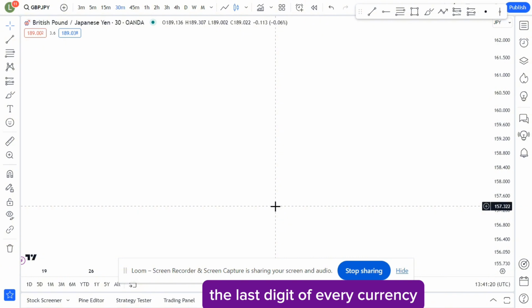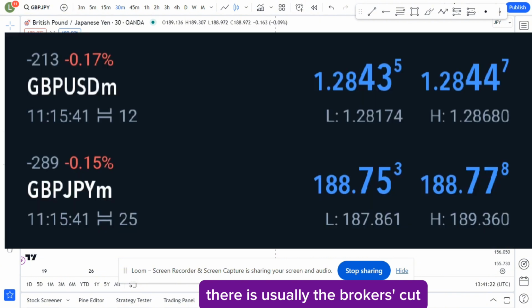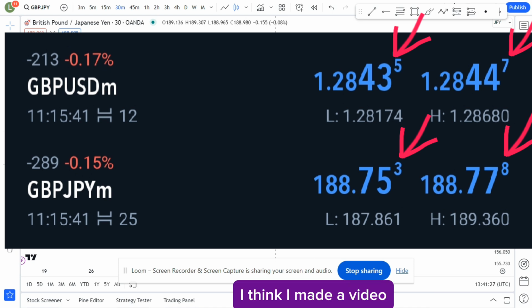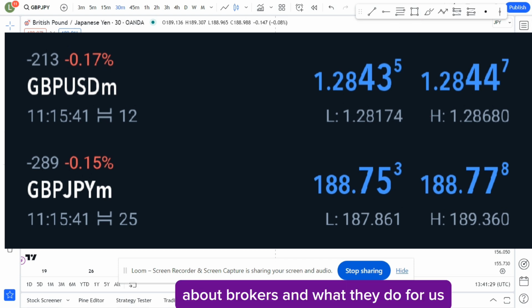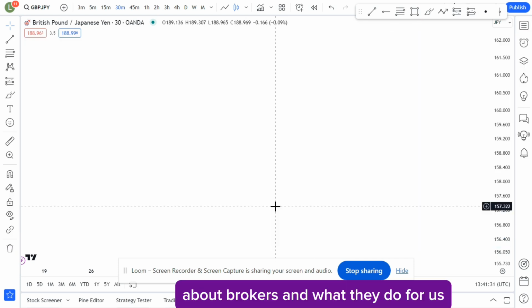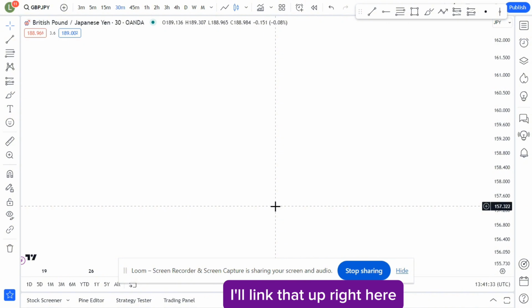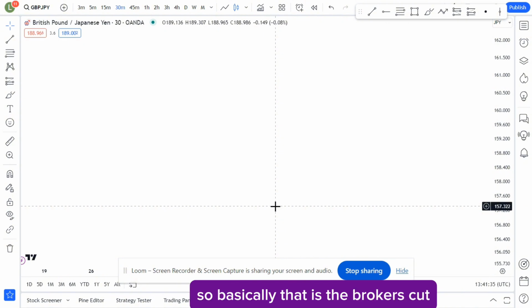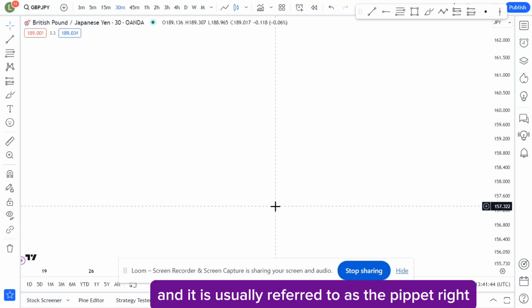The last digit of every currency pair is usually the broker's cut. Of course, I think I made a video about brokers and what they do for us. I'll link that up right here. So basically, that is the broker's cut. It's not for you. The last digit shouldn't bother you, right? The last digit is for the broker, and it is usually referred to as the pipette.